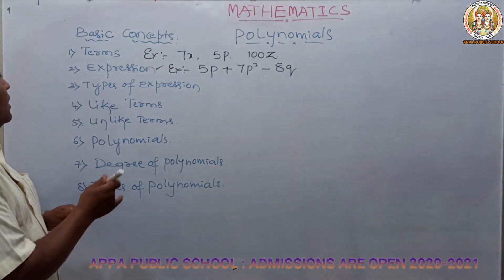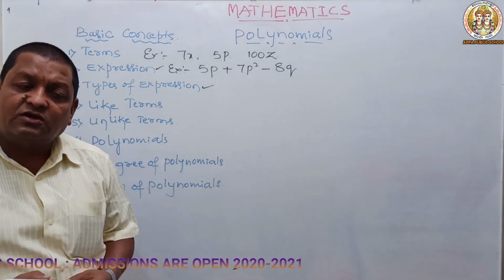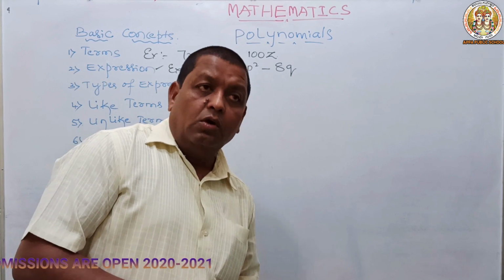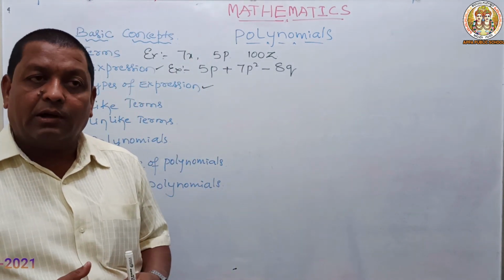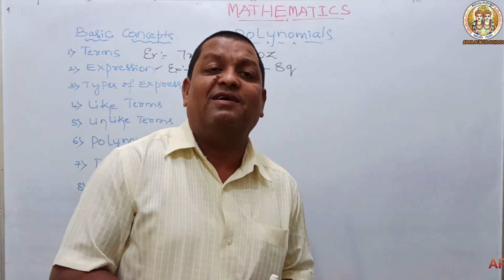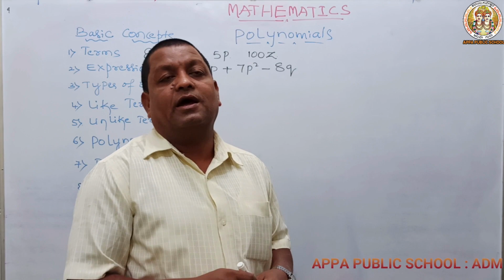Next, types of expressions. How many types of expressions are there? We already know there are 3 types. We studied them in previous classes, 6th, 7th, 8th. Let me explain one more time.